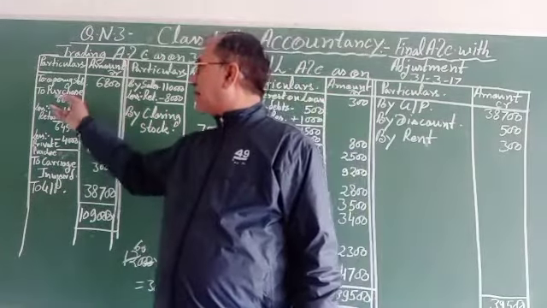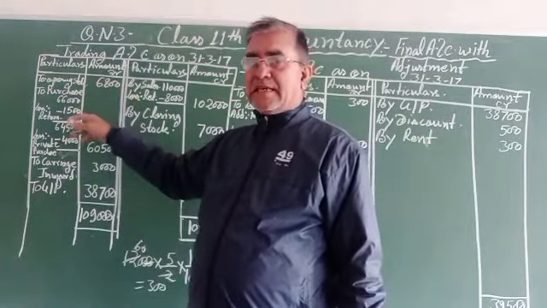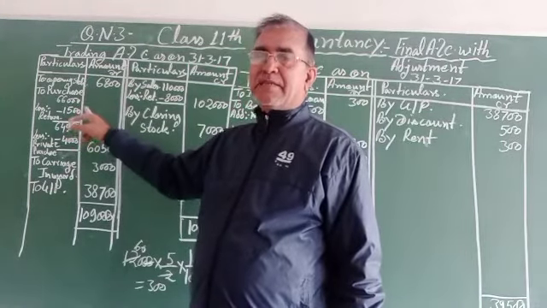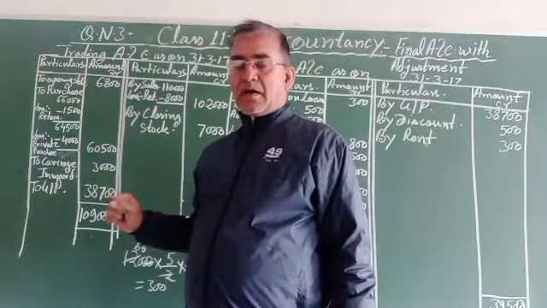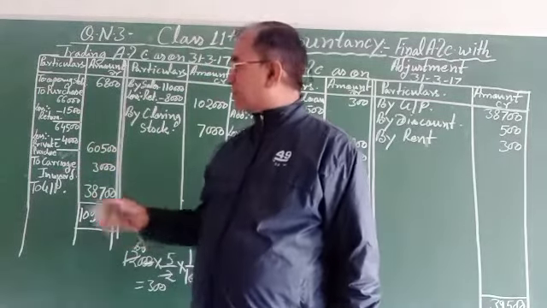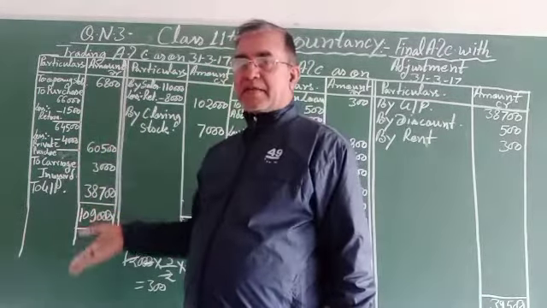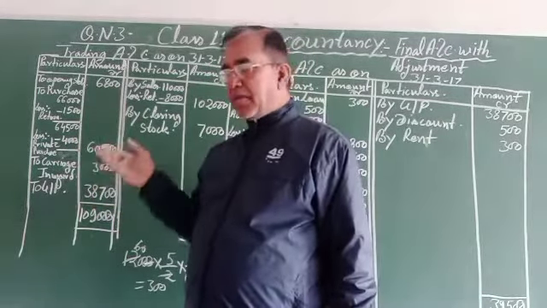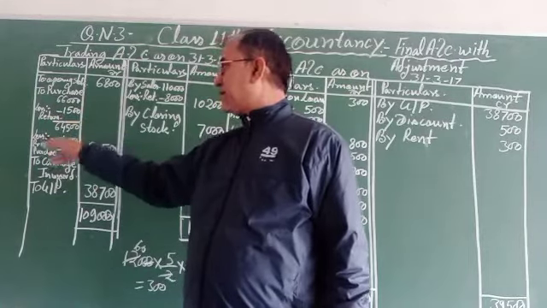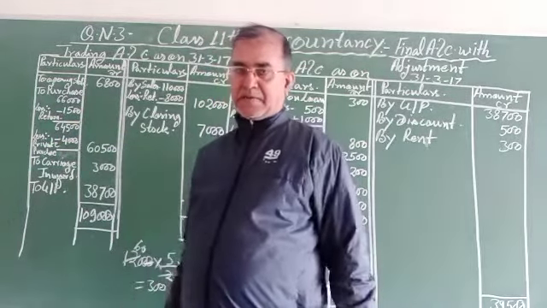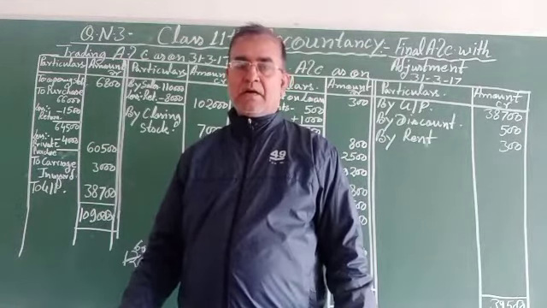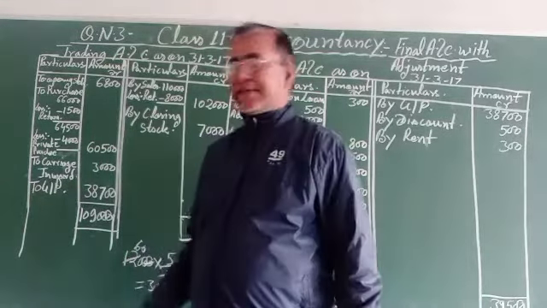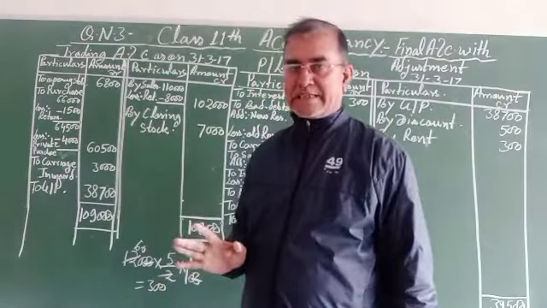Because of that, the total purchase in the trial balance given 6,000 included 4,000 as private purchase, so it will be deducted, and whatever the amount returned to the supplier, that will be deducted 1,560. This one is the additional information. That is the adjustment, whatever the information taken into consideration in the business enterprises.